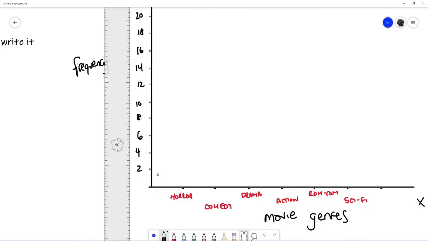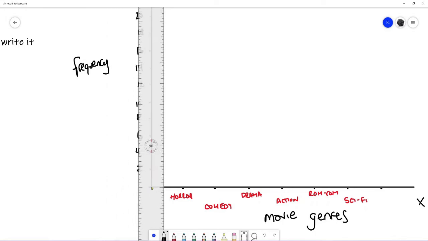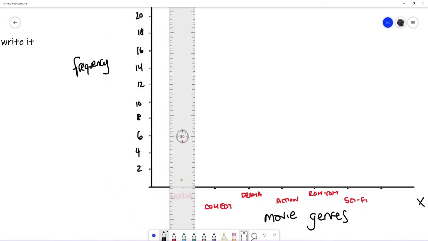The first thing I'm going to do is a little bit of a trick here. I need to make sure that my bars are evenly spaced. So watch what I'm going to do. I'm going to take my ruler and put it right in the middle of that category here, so I have an equal amount of my ruler on either side. That way, I'm going to make each bar the length of my ruler.